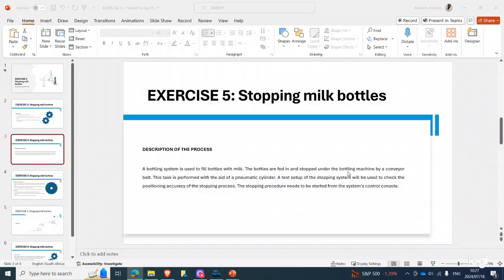A test setup of the stopping system will be used to check the position accuracy of the stopping process. The stopping process needs to be started from the system's control console.